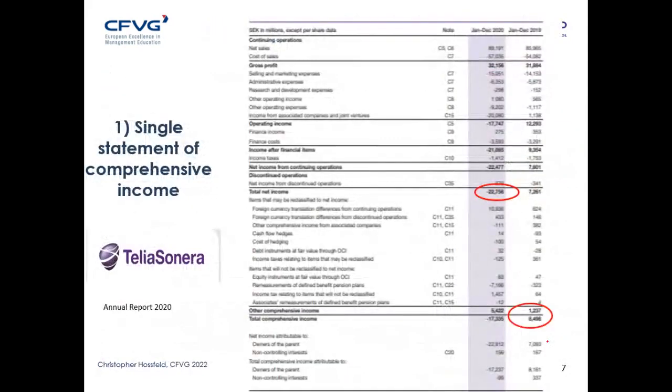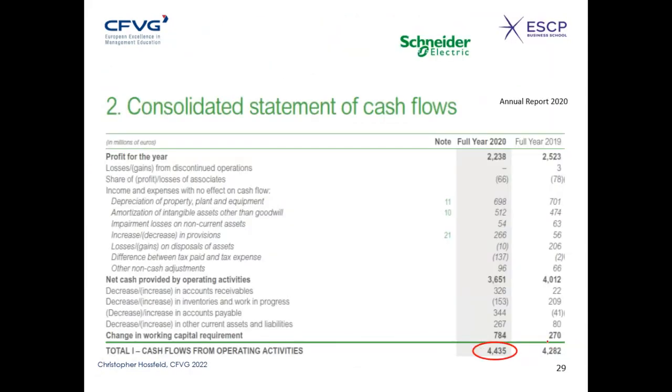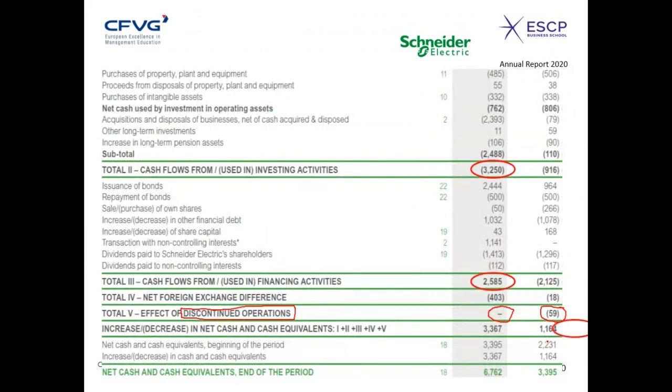Okay, so discontinued operations are operations that soon will disappear from the company, and therefore we highlight this effect separately to improve the forecast quality. All right, that's why we do this.